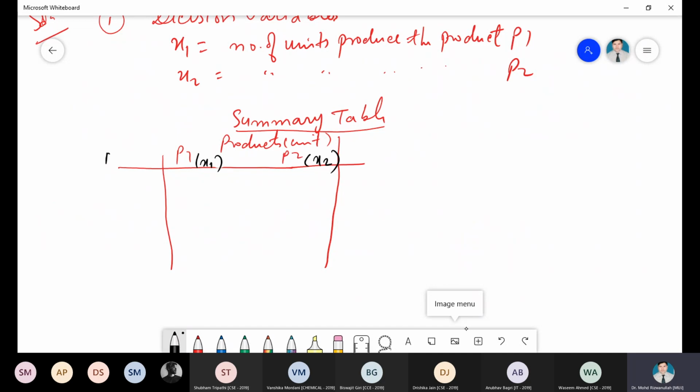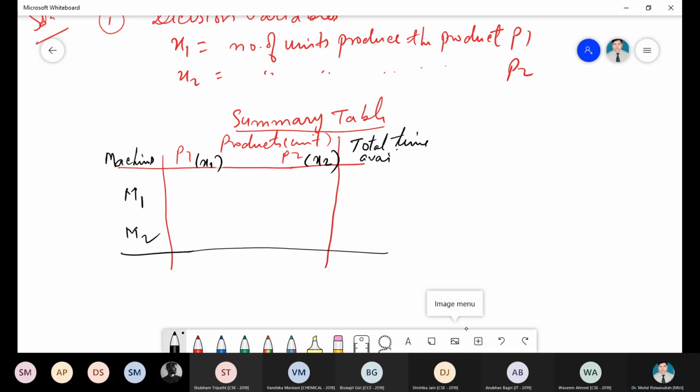right? We are using the machines to produce these products. So two kinds of machines we are using, M1 and M2. Make sense? And here the total time available per week, because it is given in the question.